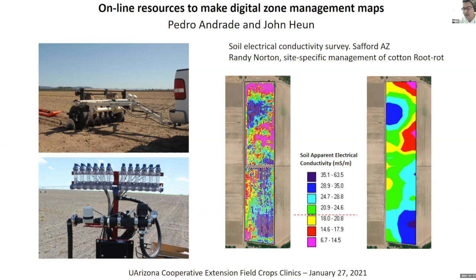So any area with electrical conductivity below 20 millisiemens per meter will be injected with fumigant because those are the lighter textures of the field. Anything above does not need it because it is expected that the population of these nematodes is going to be very, very low. And a quick picture of the system that he used to do that injection.